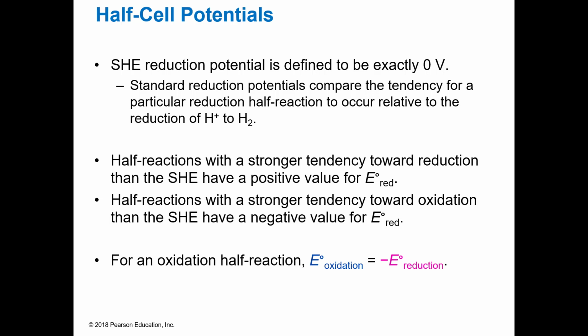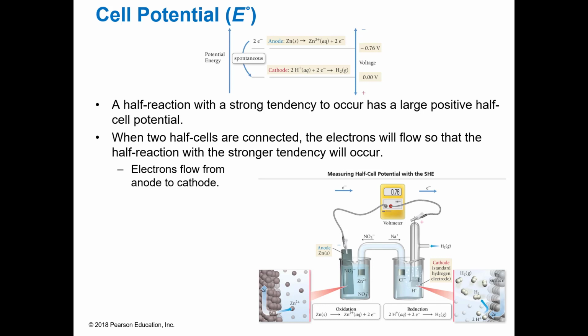So here's something we know. It's just like heat and everything else. Whatever the energy oxidized is, the reduction is the negative of it. Whatever the oxidation is, the reduction has to be opposite that. So here we go. We're going to take zinc at the anode.